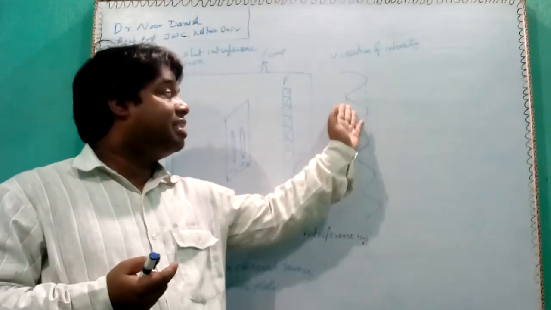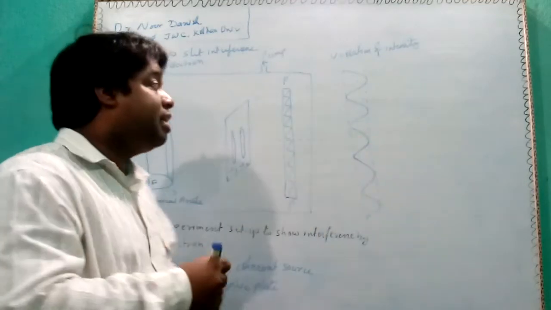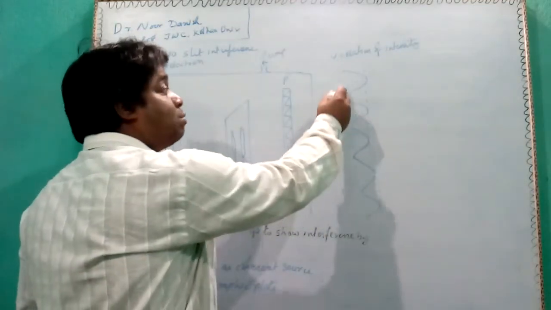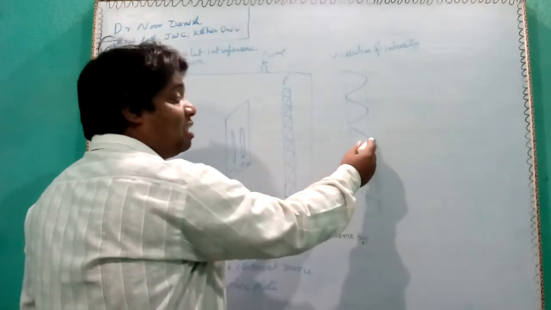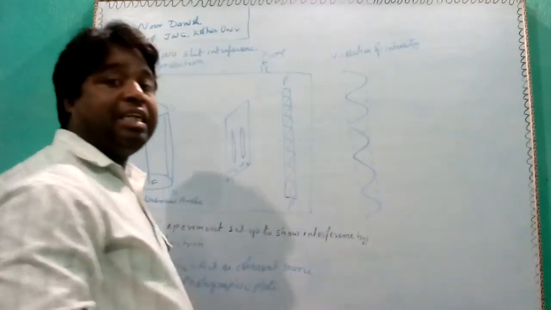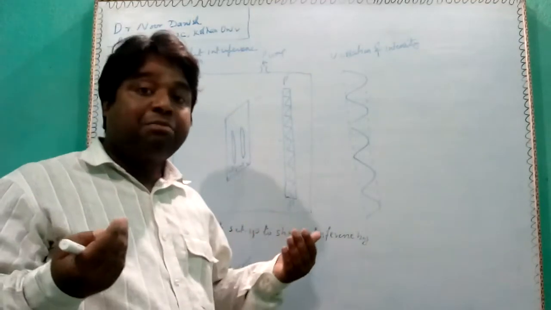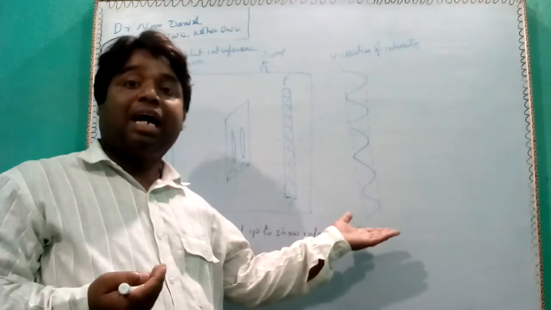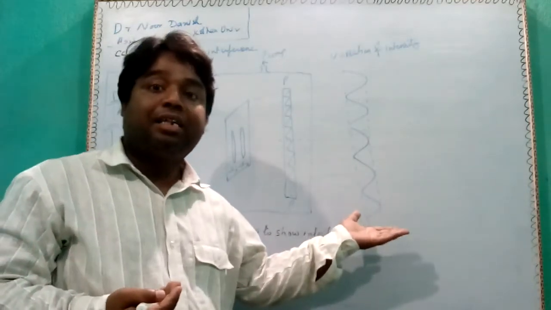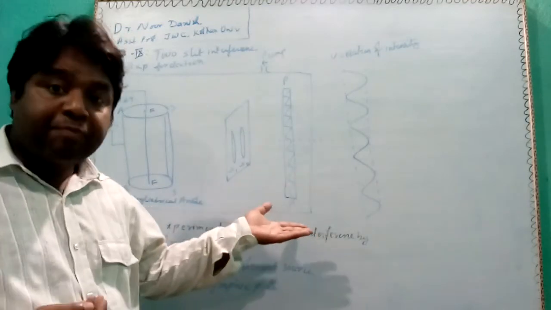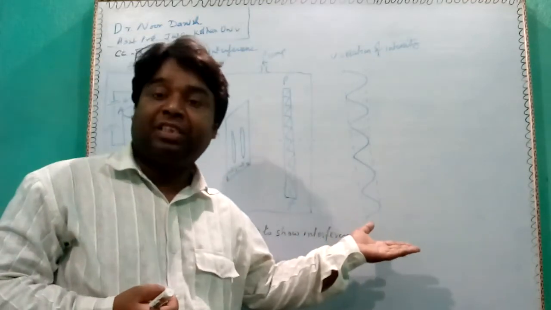But we are seeing intensity at this point and this point, because the maxima are at different points, as we observe in the double slit experiment of normal visible light.